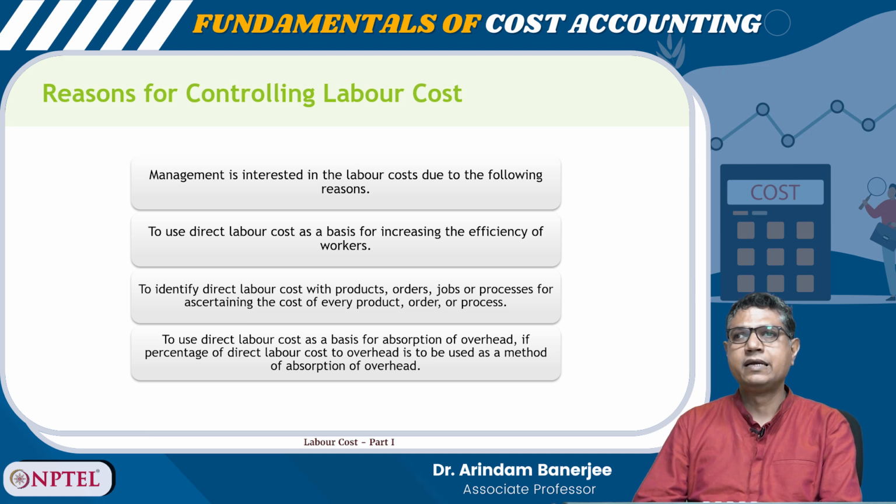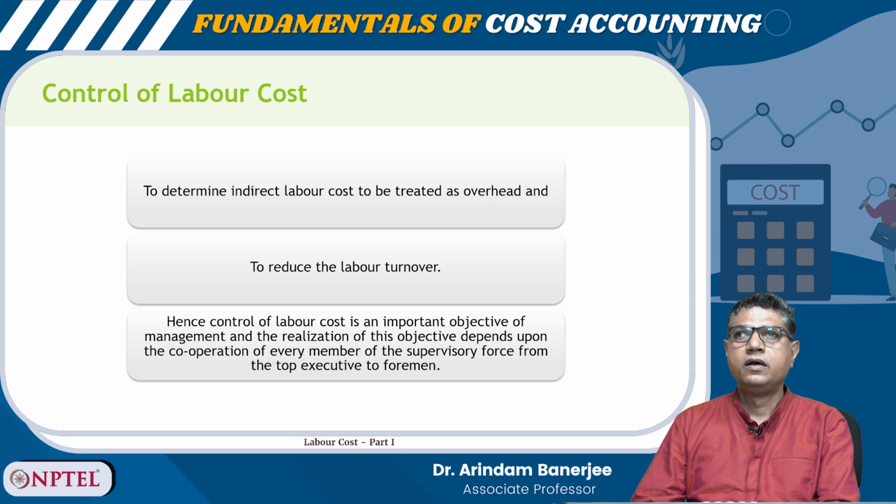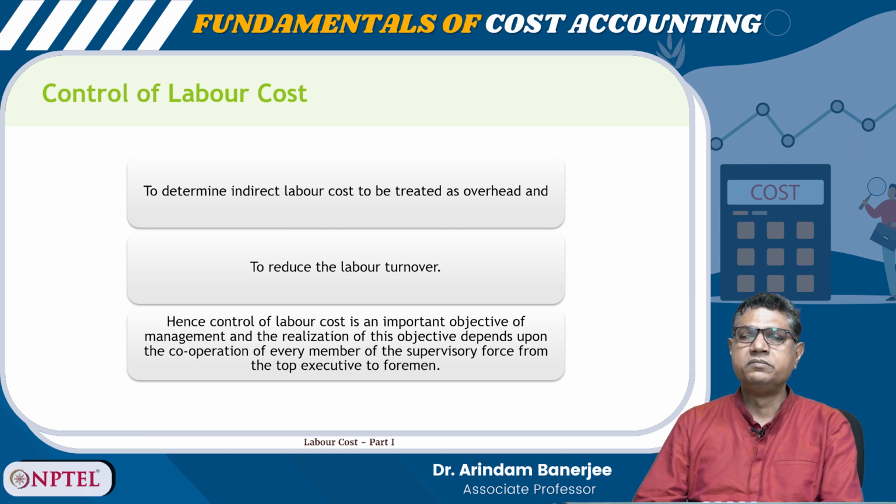To use direct labor cost as a basis for absorption of overhead if percentage of direct labor cost to overhead is to be used as a method of absorption of overhead. So, these are the reasons for controlling the labor cost. To determine the indirect labor cost to be treated as overhead and to reduce the labor turnover.